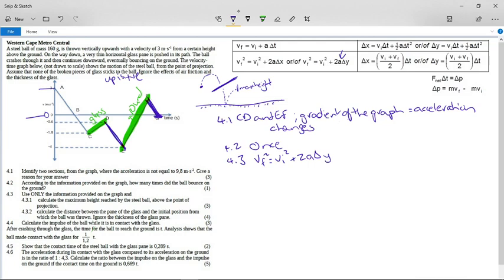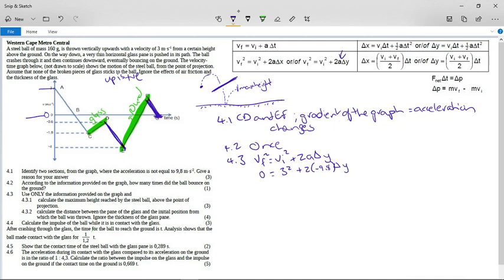Okay, so my final velocity is 0 squared, which is 0, so I'm not writing it in. 3 squared from the graph, up is positive, so this is going to be plus 2 times negative 9.8 delta y.